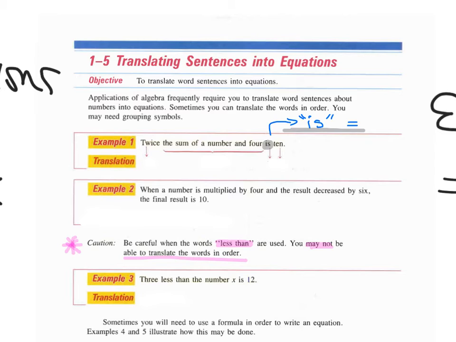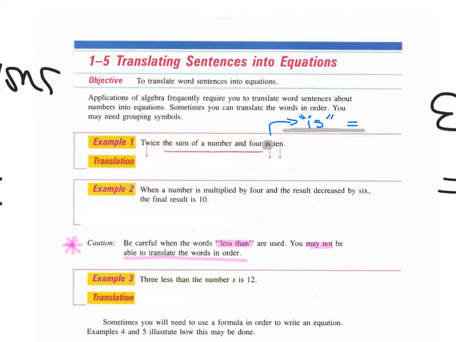And then we're going to translate this as we read it. So for this one, it says twice the sum. What does the word twice mean to you? Multiply by 2. Multiply by 2. And then whenever you see the word that means the answer to a problem, that's a flag for me that says I'm putting it in parentheses.